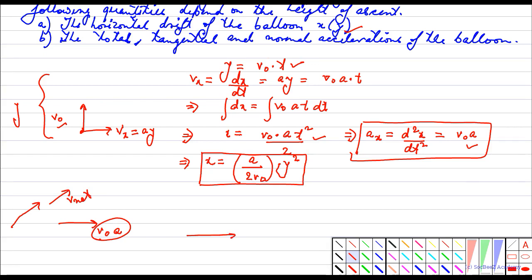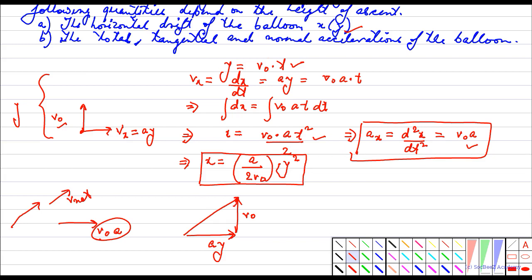Along the horizontal direction, Vx is nothing else but a into y, and along the vertical direction Vy is nothing else but v naught, and this is the net velocity vector.